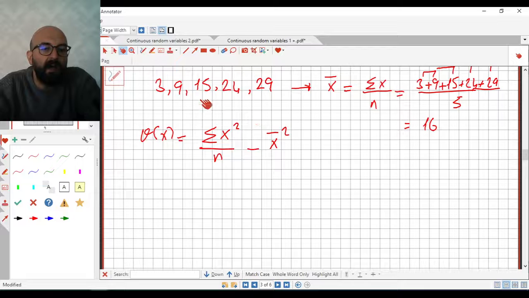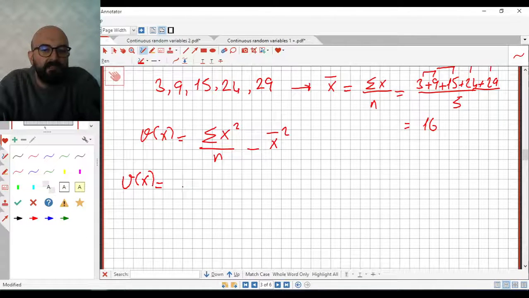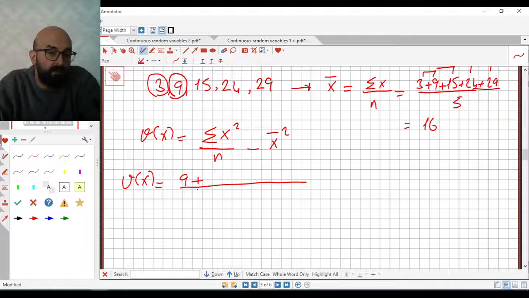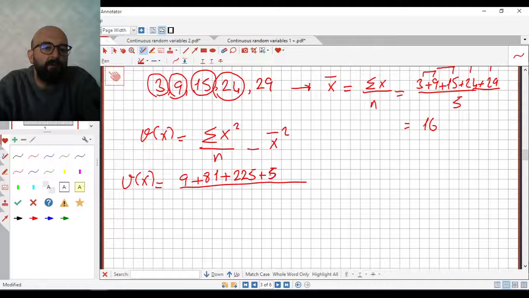Okay, now our variance is 3 squared 9 plus 9 squared 81 plus 15 squared 225 plus 24 squared 576 plus 29 squared.